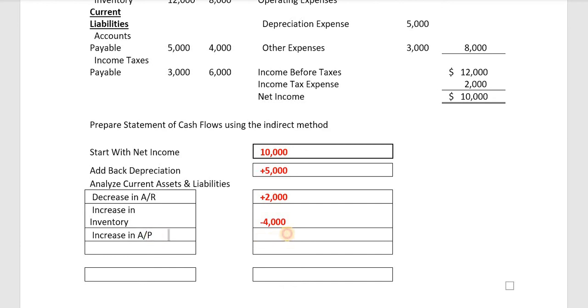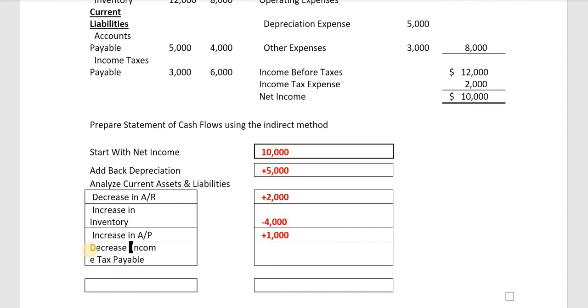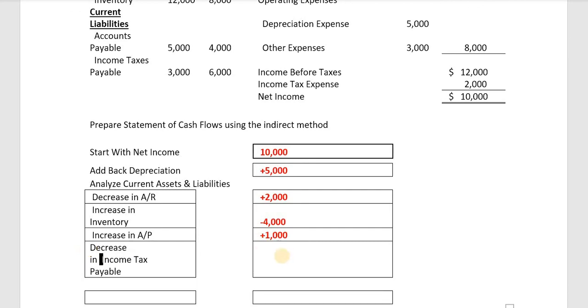Accounts payable increases because I borrowed money, so that's $1,000. What else happened? Income taxes payable decreased. So income tax payable decreased by $3,000. So I decrease a payable by paying it.